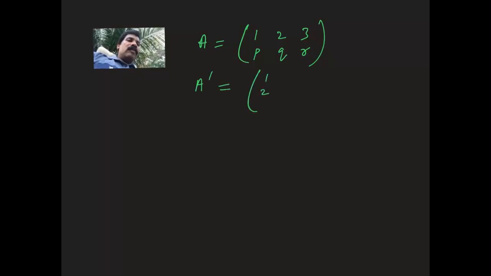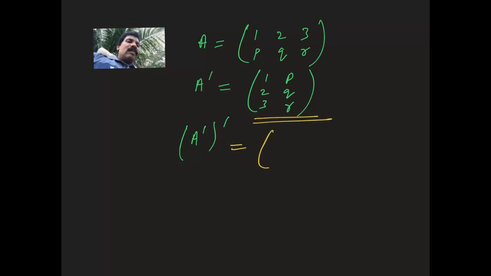You can see if capital A is equal to, say, 2 by 3 matrix 1, 2, 3, P, Q, R, then what is A dash? A dash will be 1, 2, 3 column wise, P, Q, R column wise. Then we shall go for A dash dash, that is the transpose of this matrix.